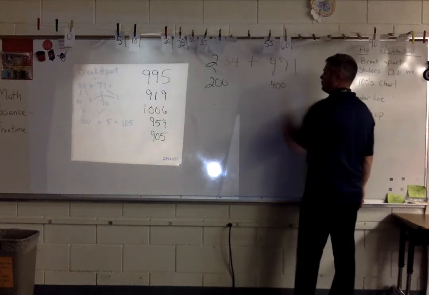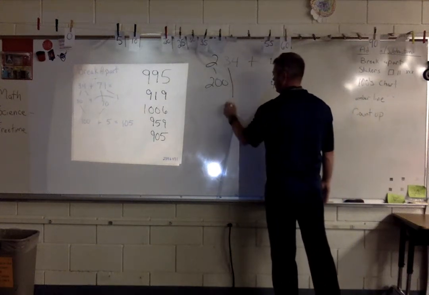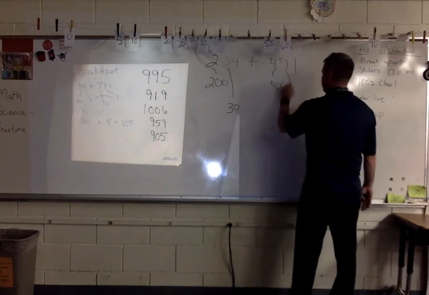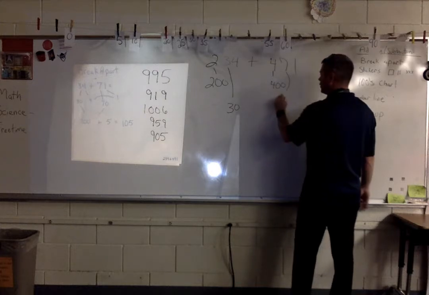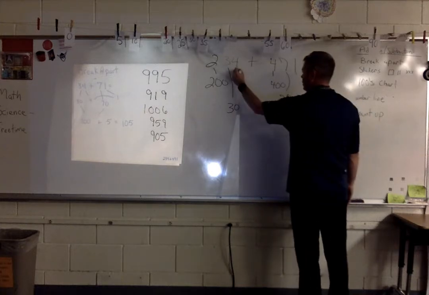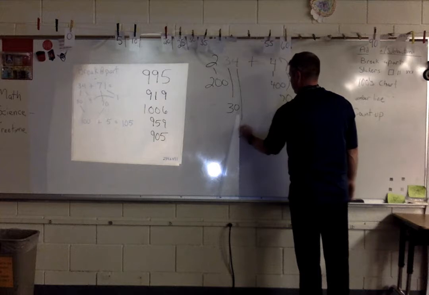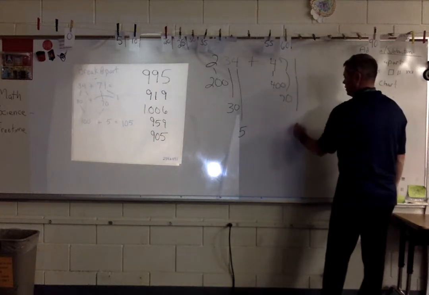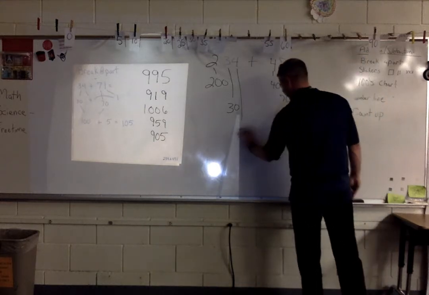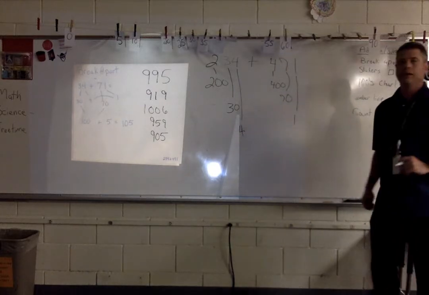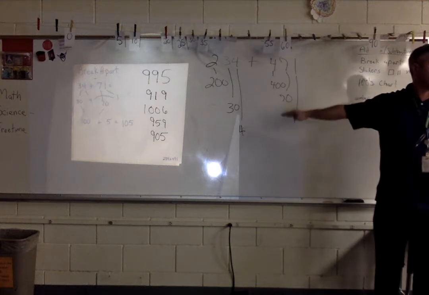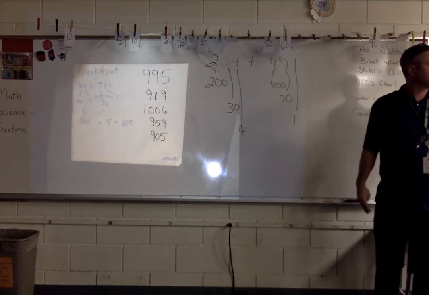Then we've got 30. Lots of talking, guys. Let's make sure we're looking. And 70. Thank you, Caden. So far, you agree how I broke this down? Yes. Okay. Well done.